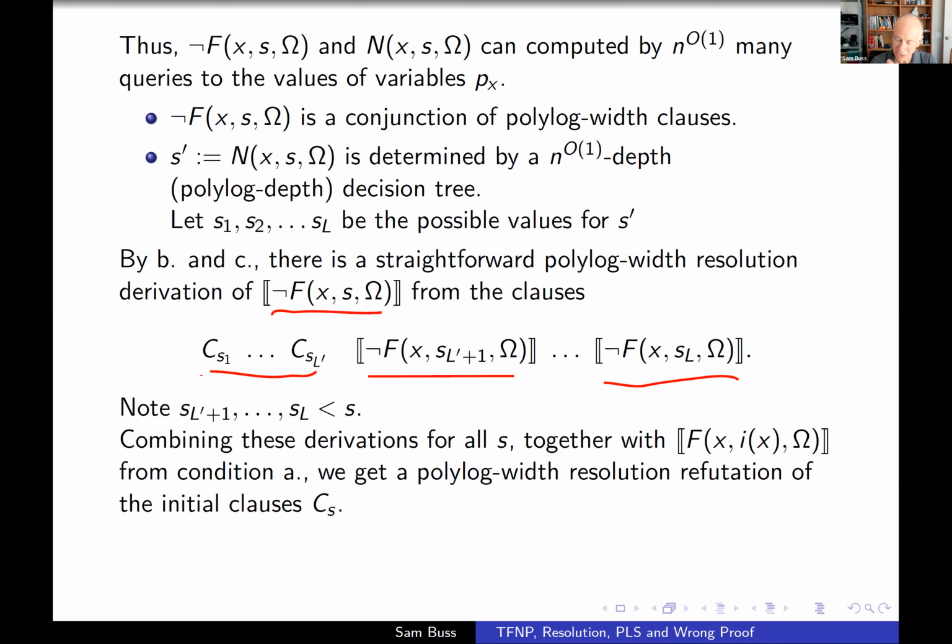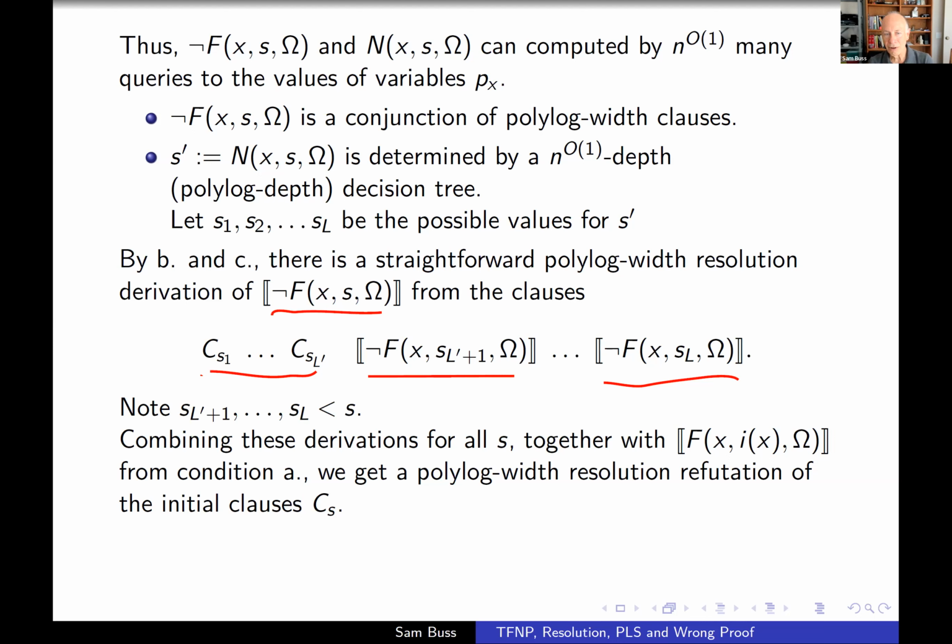The square-bracketed not-F things are all sets of clauses of size n to the O(1). And so you can put this together and get directly a resolution derivation of not F(X, S) from the clauses displayed here.